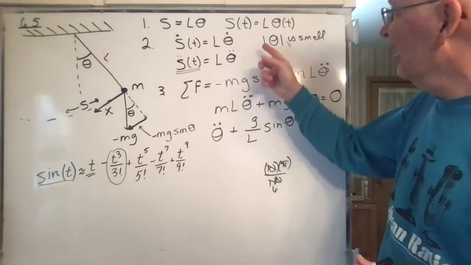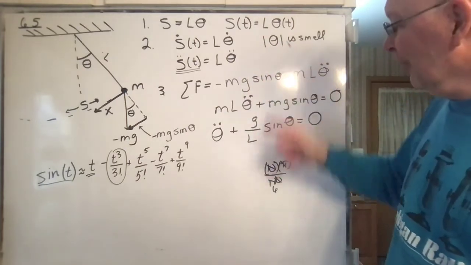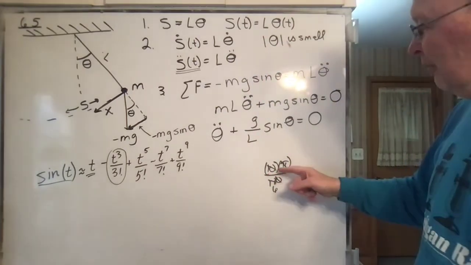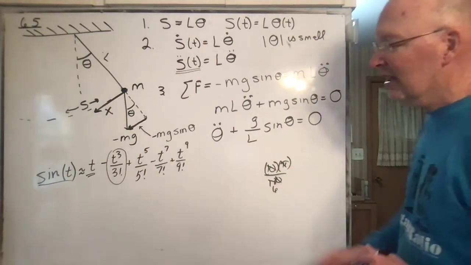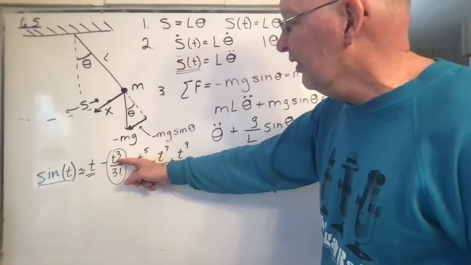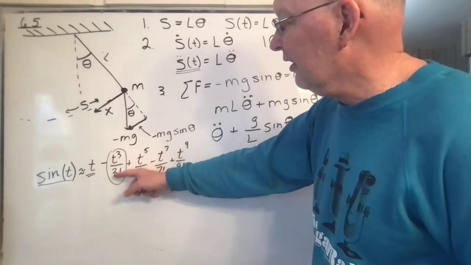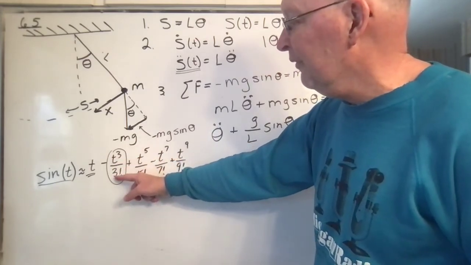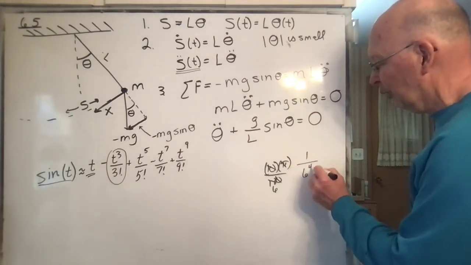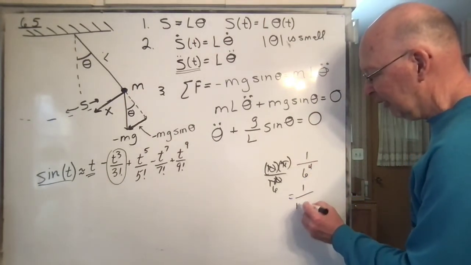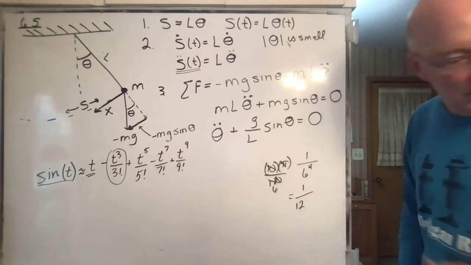So if theta is some small number like 10 degrees, this number would be 1/6. So it'd be 1/6 cubed, and now you're dividing it by 3 factorial, which is another 6. So it's 1 over 6 to the 4th.